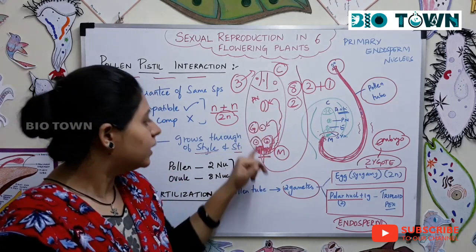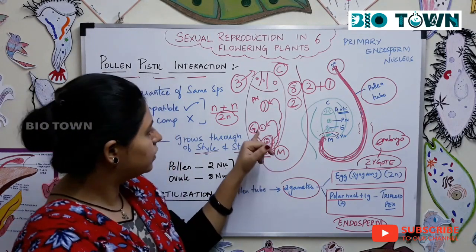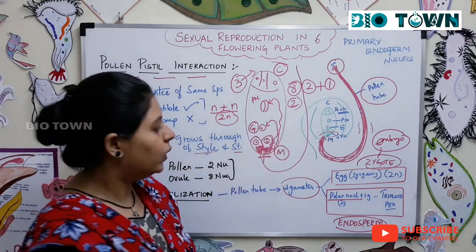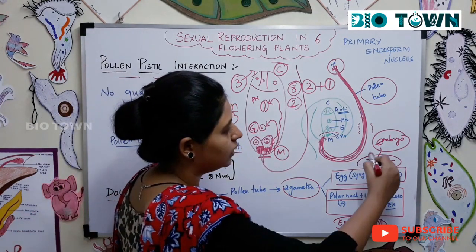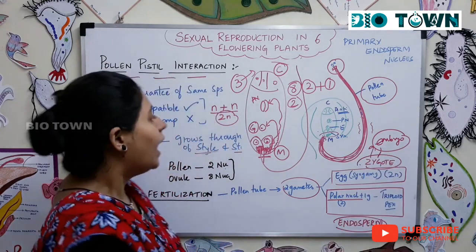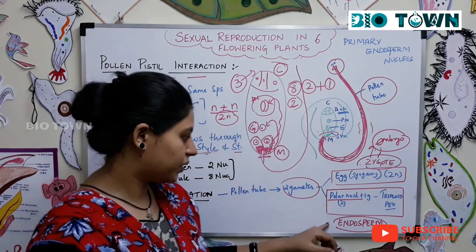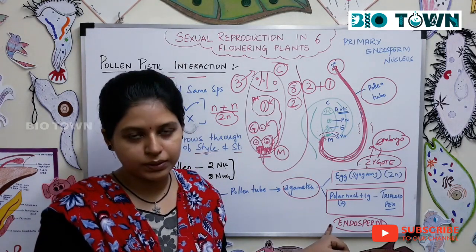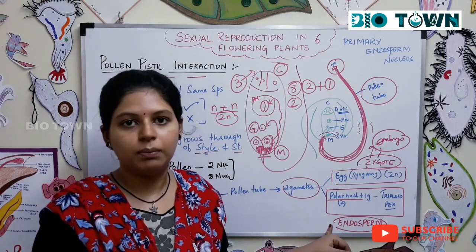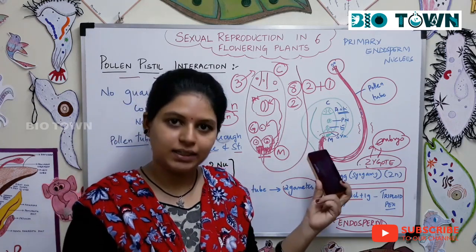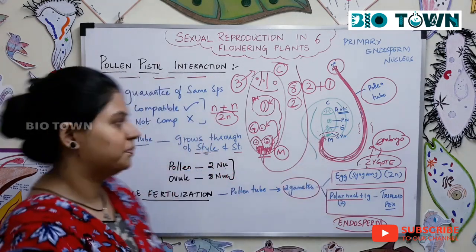The nucleus of the pollen grain which fused with the egg will turn out to be the zygote, which is the embryo, and the polar nuclei will convert into endosperm. So next class we'll talk about endosperm, zygote and seed. If you want to take a screenshot, you're welcome.